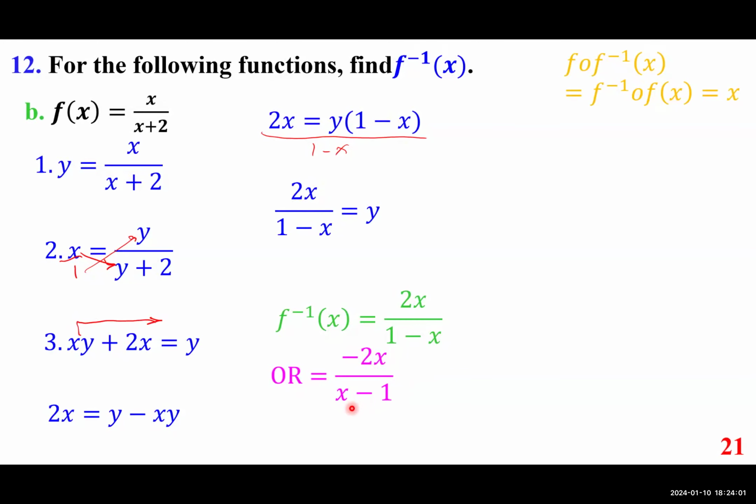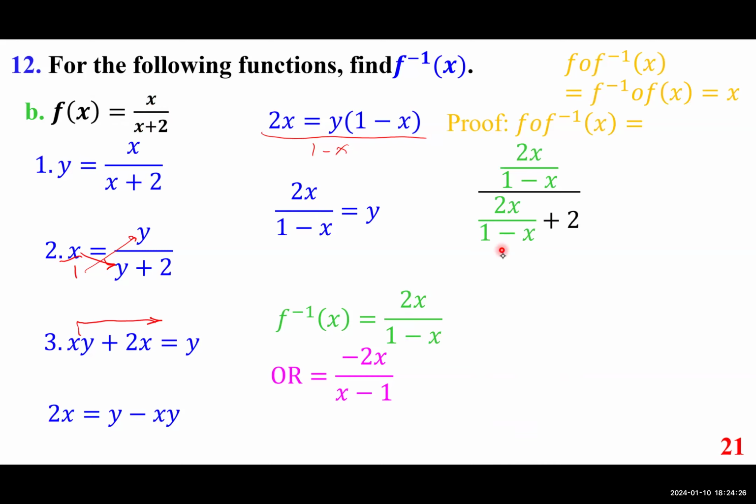Now, let's prove we haven't made a mistake by looking at their composite function. Let's look at f of f inverse, which means this is f, replace the x with 2x over 1 minus x. So you replace this one, and you replace this one. Okay. And this is a complex fraction.